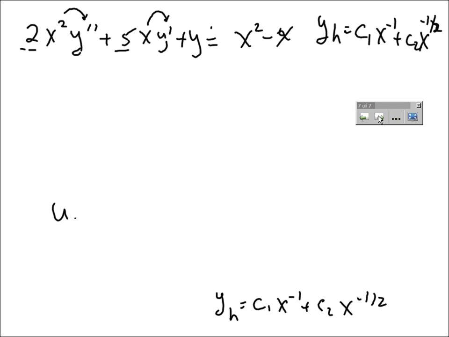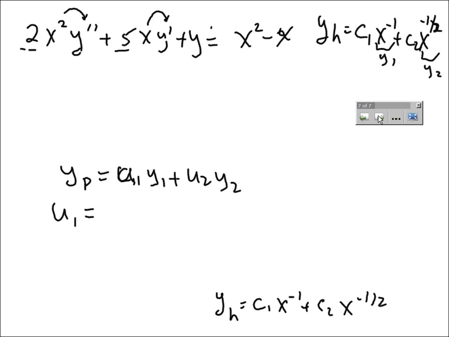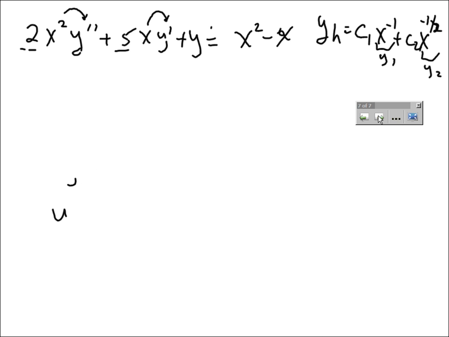You know, we say that y particular is going to be u1 y1 plus u2 y2, where that's y1 and that's y2. And u1 is going to be the division of two determinants. Same deal with the u sub 2. I'll work this one out.